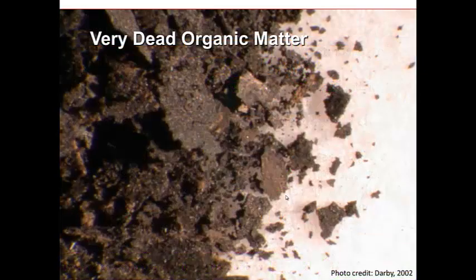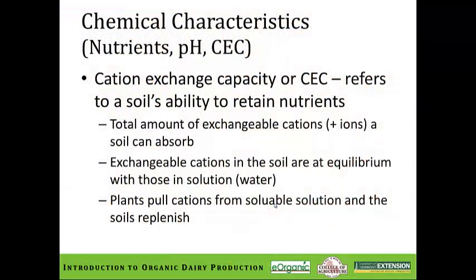As mentioned before, the very dead organic matter also plays a role in influencing the soil chemical properties. The chemical characteristics of a soil go beyond just nutrient availability and also include pH and the cation exchange capacity, or the CEC.